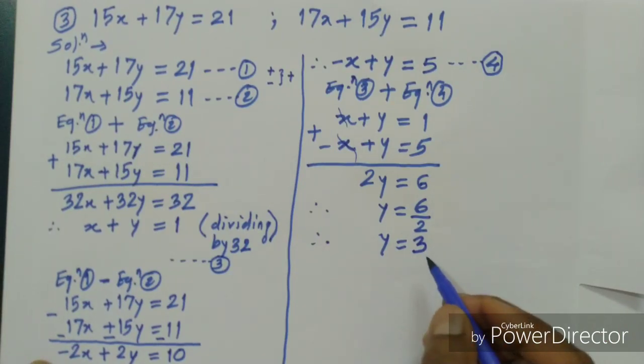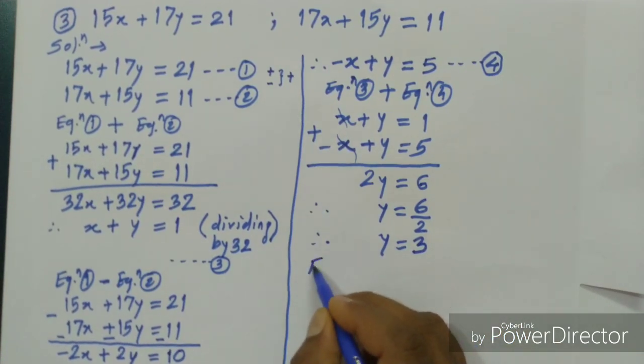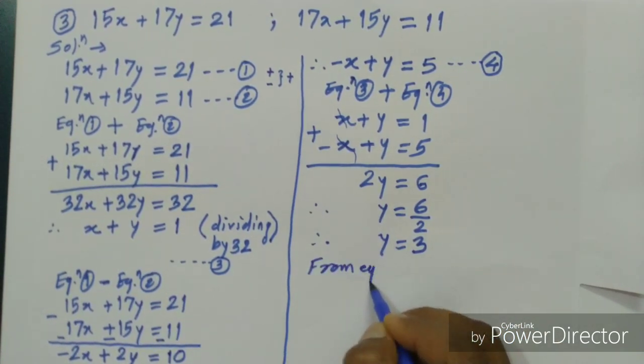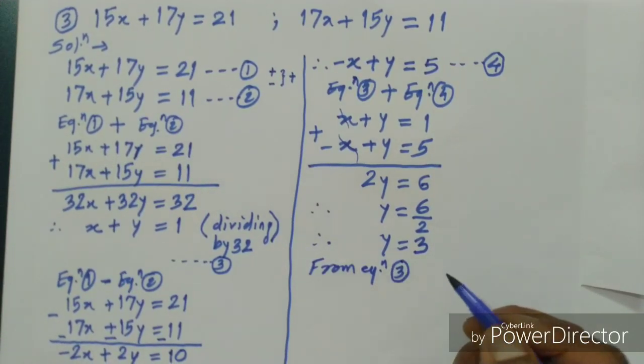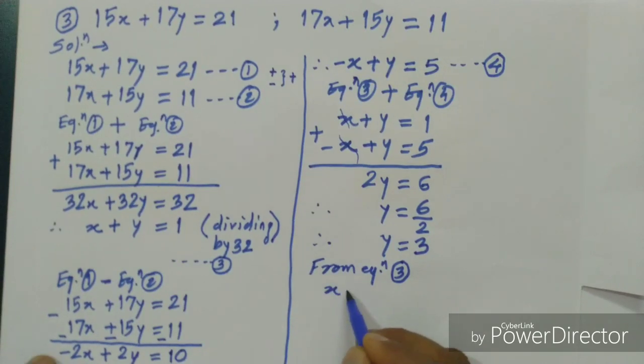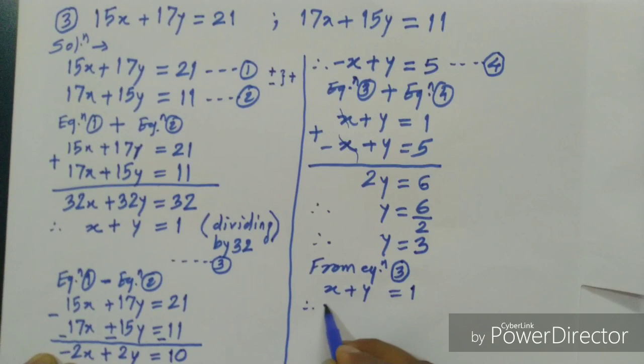That value of y we substitute in equation first, second, third or fourth. The third one is the simple one. From equation third, x plus y is equal to 1. Therefore x plus the value of y, which is 3, is equal to 1.